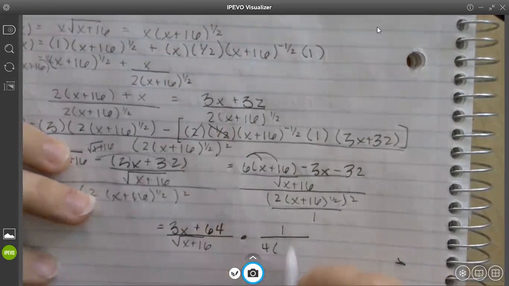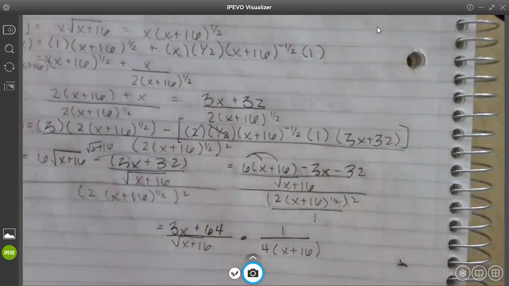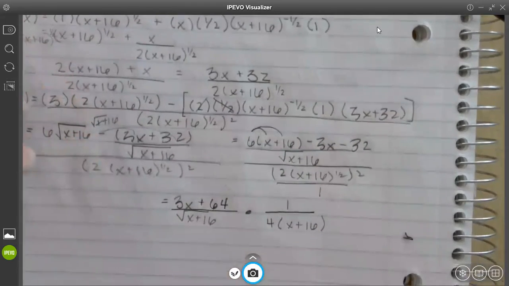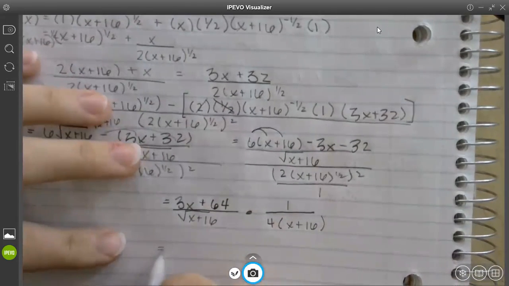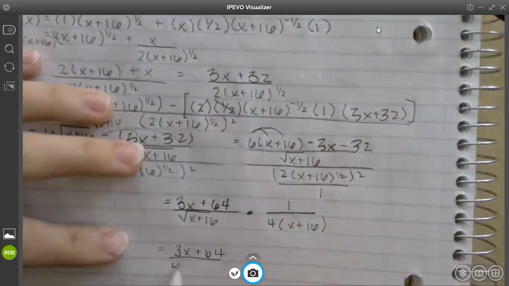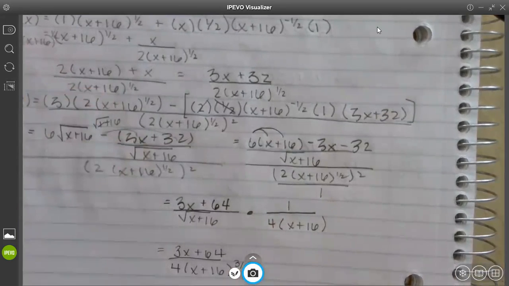And then we're going to have x plus 16. Why? Because the square and the 1/2. All right, the way that they will write it is 3x plus 64 over 4 times x plus 16 to the 3/2.